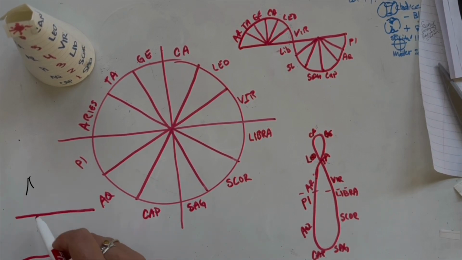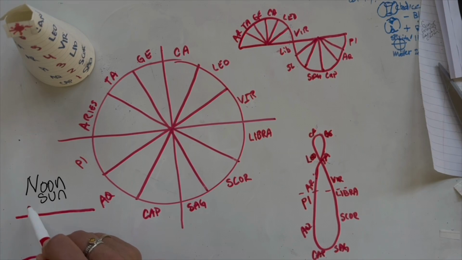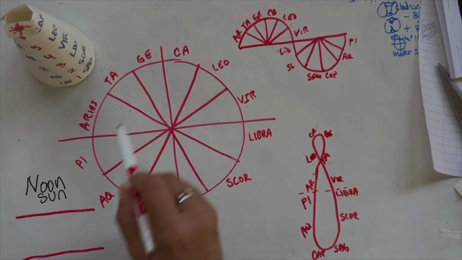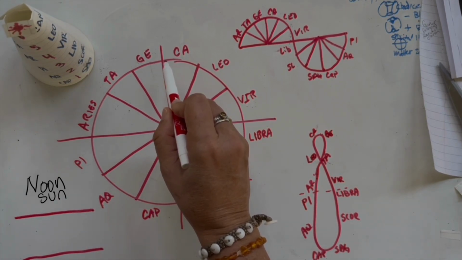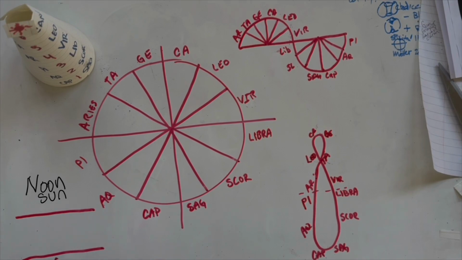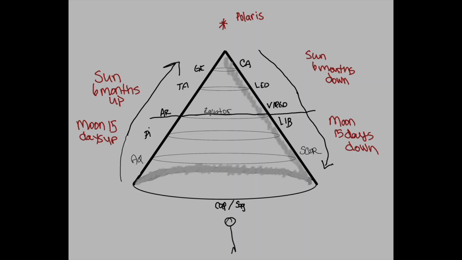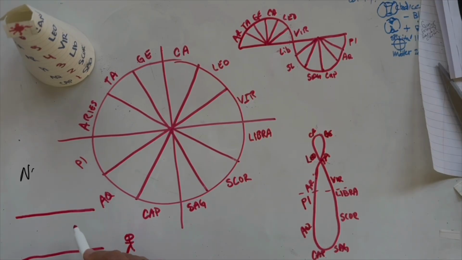Here's the top of the sun's position, the peak that it goes to. And this is the bottom of the sun's position. What that means is when you're standing here on the ground, and you're looking up at the sky, it'll look high.